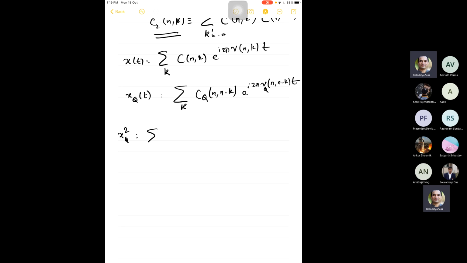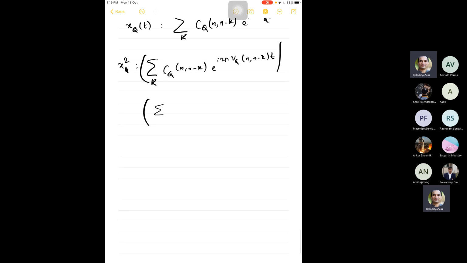So I can write it as summation over k of c_q(n-k) e^(i2π ν_q(n-k) t), and I go exactly the same way, right? Summation over k' of c_q(n-k') e^(i2π ν_q(n-k') t).